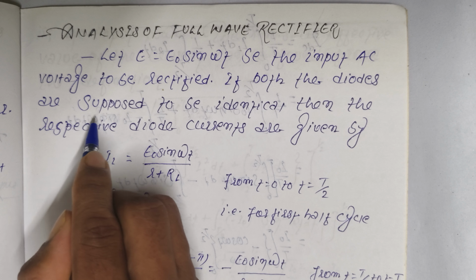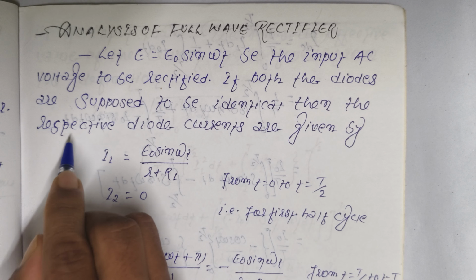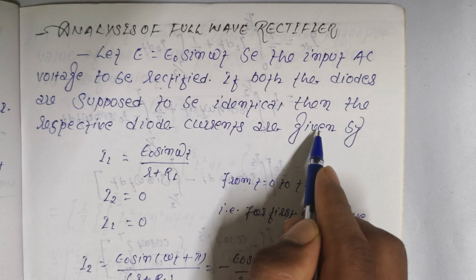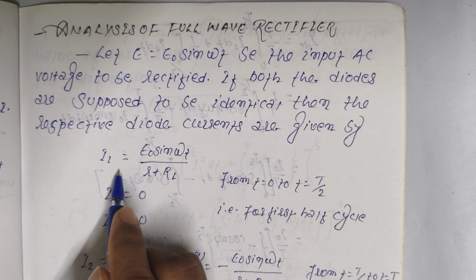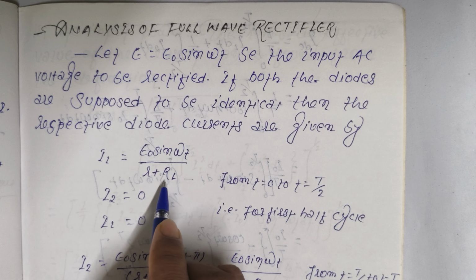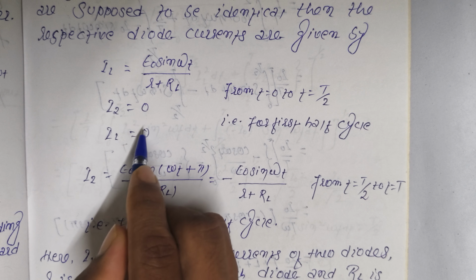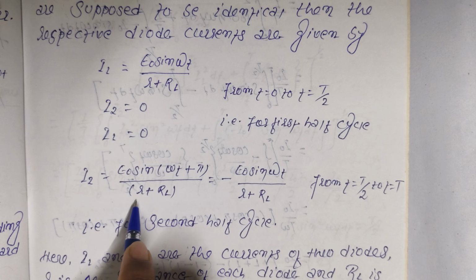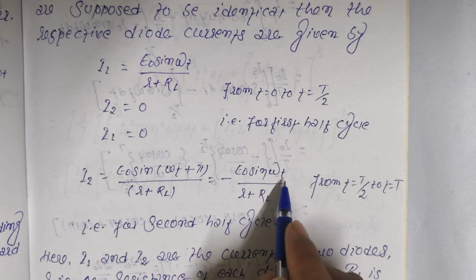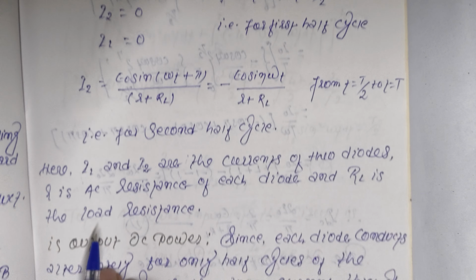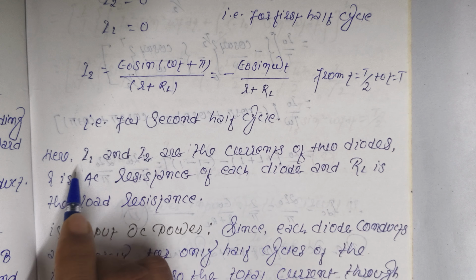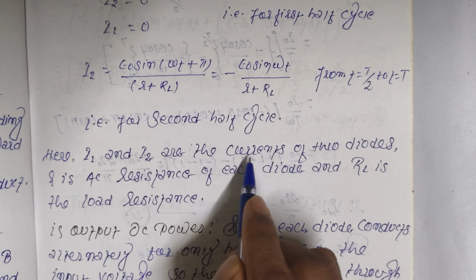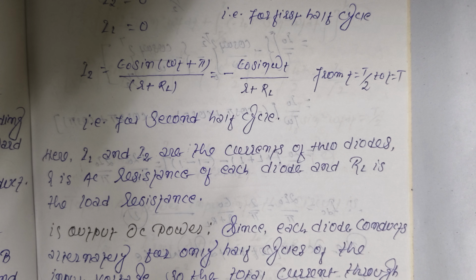If both the diodes are supposed to be identical, then the respective diode currents are given by I1 = E0 sin ωt / (R + RL), I2 = 0. Then I1 = 0, I2 = E0 sin(ωt + π) / (R + RL) = -E0 sin ωt / (R + RL), that is for the second half cycle. Here I1 and I2 are the currents of the two diodes, R is the AC resistance of each diode and RL is the load resistance.